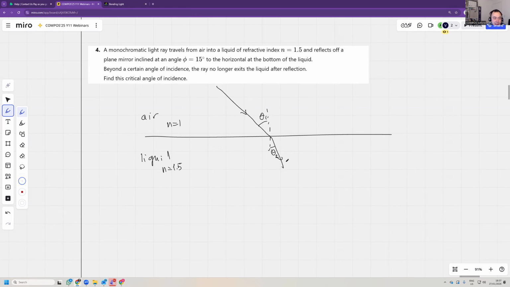A mirror is inclined at an angle of 20 at the bottom of the liquid. So there's the bottom of the tank, and then there is a mirror which is placed like this. So the light reflects off the mirror.